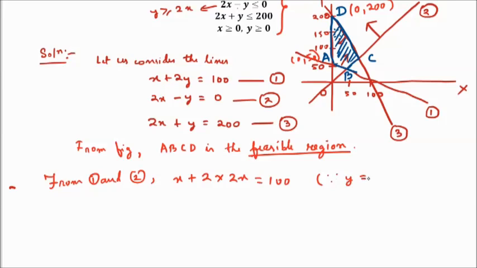Since y equal to 2x, I have used it from equation number 2 in 1. So from here I will get 5 times x equal to 100, so x equal to 20. Therefore from 2 I can say y equal to 2 times x is equal to 40. Therefore my coordinate of B will be 20, 40.